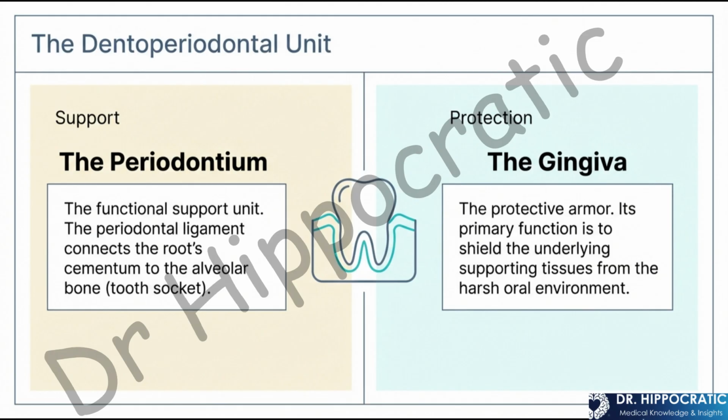And the text mentions 2 specific anchor points for this hammock: the cementum and the alveolar bone. Right. So the cementum is a specialized avascular tissue that covers the root of the tooth. It's biologically designed to allow the ends of those collagen fibers, which are called Sharpey's fibers, to embed themselves directly into the root surface. Like ropes tied to the side of a ship. Precisely.